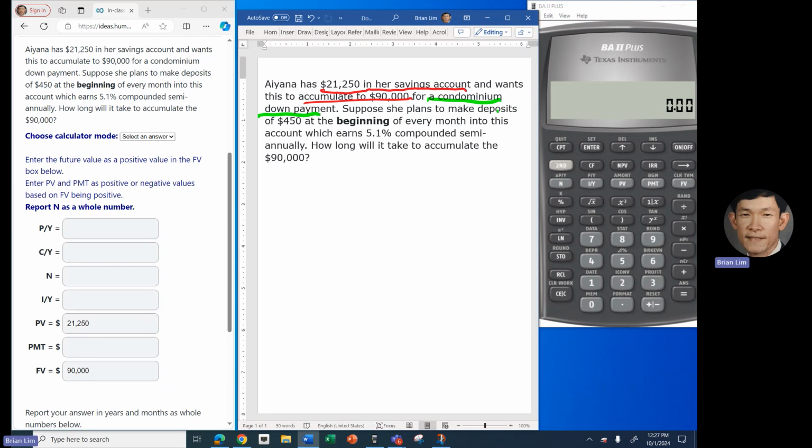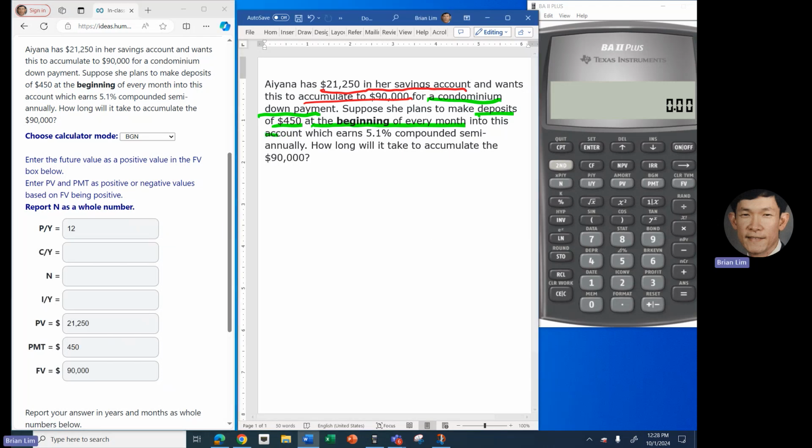Suppose she plans to make a deposit now, a deposit of $450. That would go in as a payment of $450, and that will happen at the beginning of every month. So we should go here and select the begin, and it's every month, so PY will be 12.